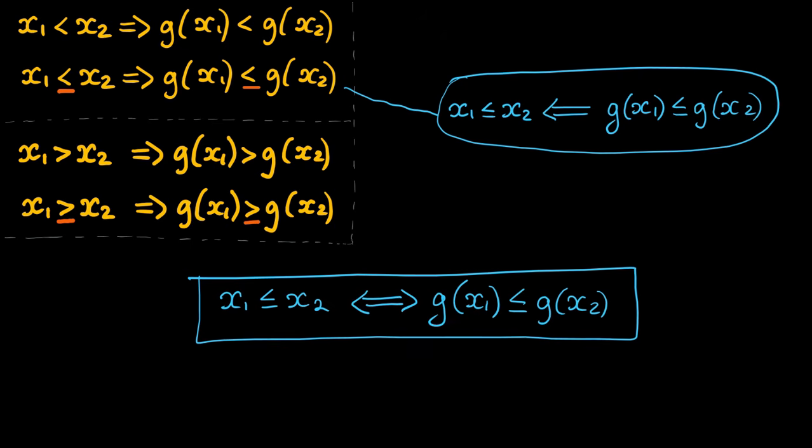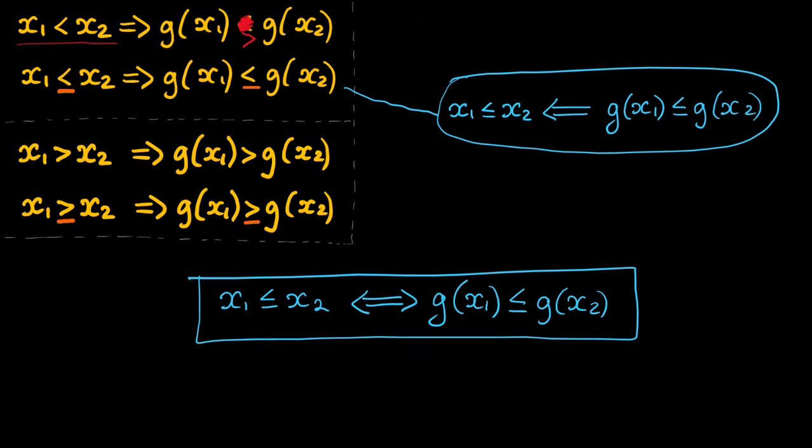So let's go through these one by one and see what changes when g is strictly decreasing instead of strictly increasing. So if g is strictly decreasing and x1 is strictly less than x2, then g of x1 will be greater than g of x2.